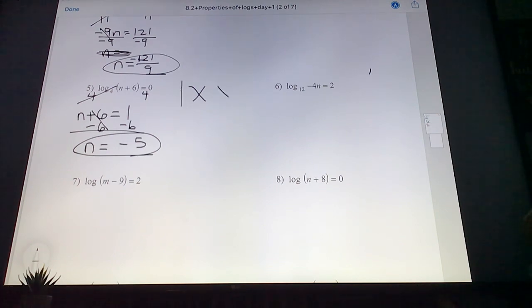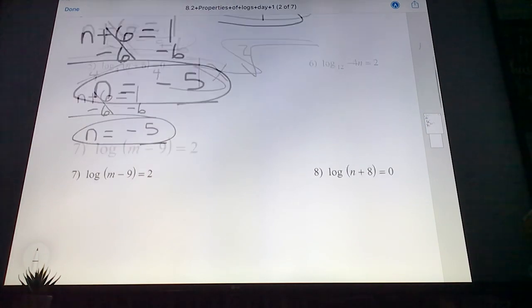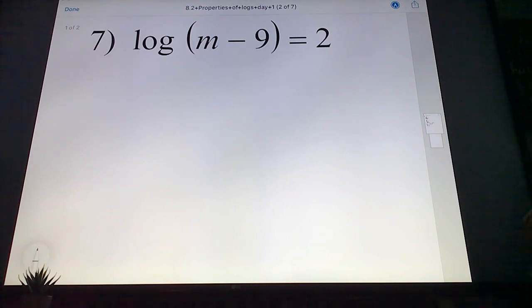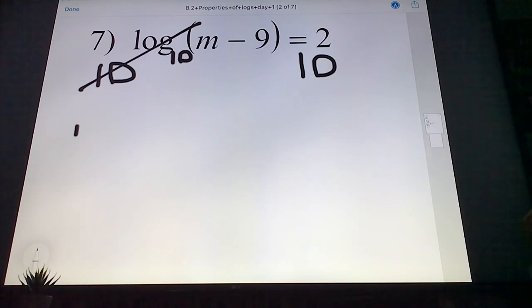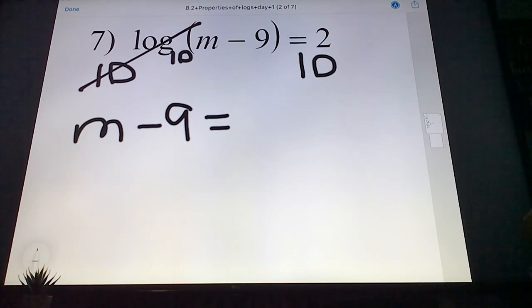If we have a square root, there's really a 2 outside of here. With logs, if there's no number there, it really is a log base of 10. So you're going to raise both sides to the 10 power. So we're going to have m minus 9 equals 10 to the 2 power.